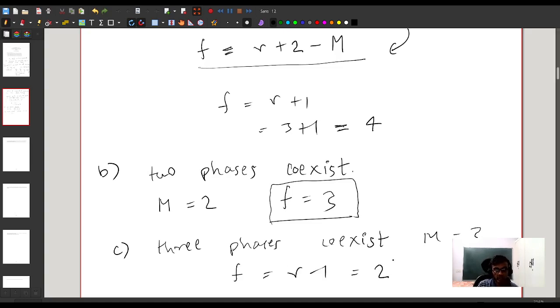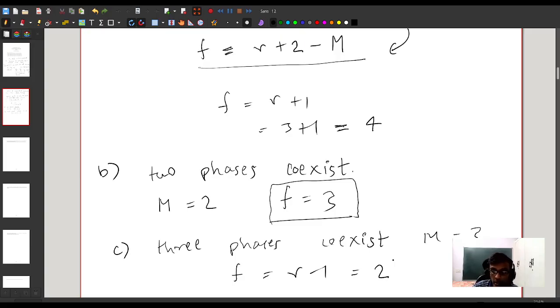For every increase in the number of phases that coexist by 1, if we demand that one more phase should coexist, then that will bring another constraint, let's say in the form of another Gibbs-Duhem relation.